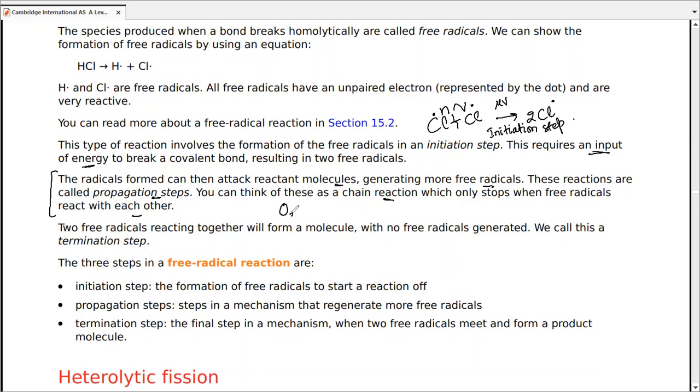Ozone is actually O3. O3 can be attacked by a chlorine free radical. What happens is that it breaks one of the bonds of oxygen in ozone and it produces this. This is a bigger problem for us. It produces the chlorine oxygen free radical and oxygen gas.